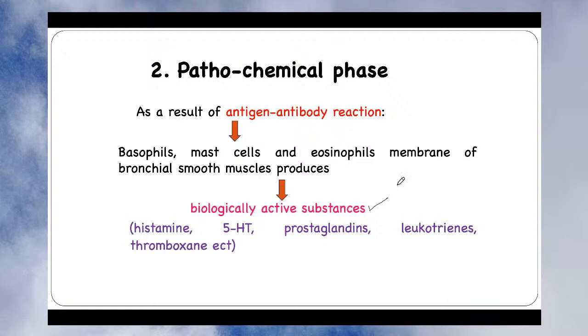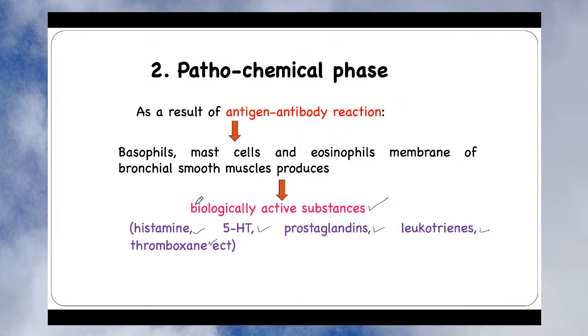All nine sessions of the autocoid chapters are on these biologically active substances, and we have seen their pharmacological action in detail. All these autocoids produce contraction of the bronchi, and they also produce inflammation in the bronchi, isn't it? So it produces histamine, and we have seen the action of histamine in the bronchi. It produces 5-HT, it releases prostaglandin, leukotriene, and thromboxane, and many more, right?